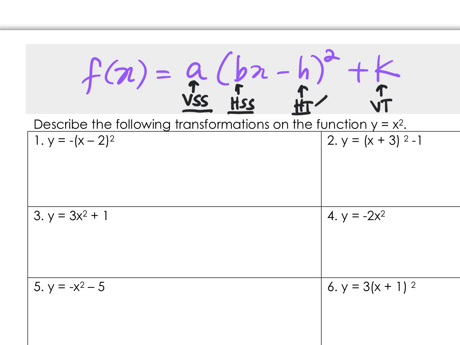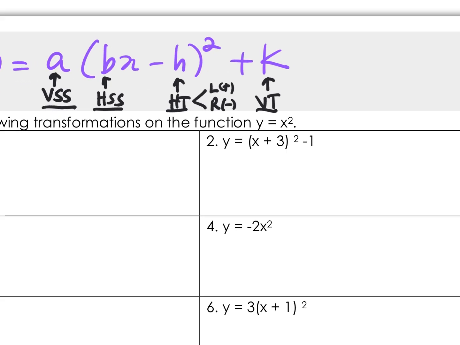It's either going to the left, which should be a plus sign, or it's going to the right, which is just a minus sign. Our vertical translation can either be positive, then it's going to go up, and if it is negative, then it's going to be going down.